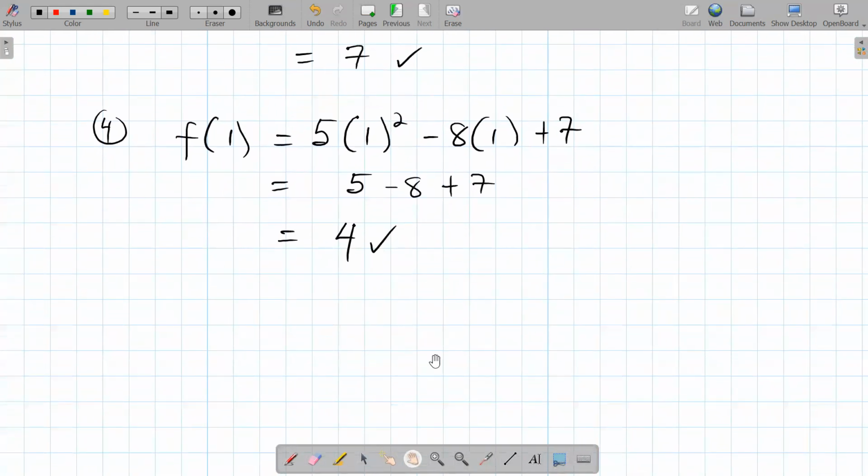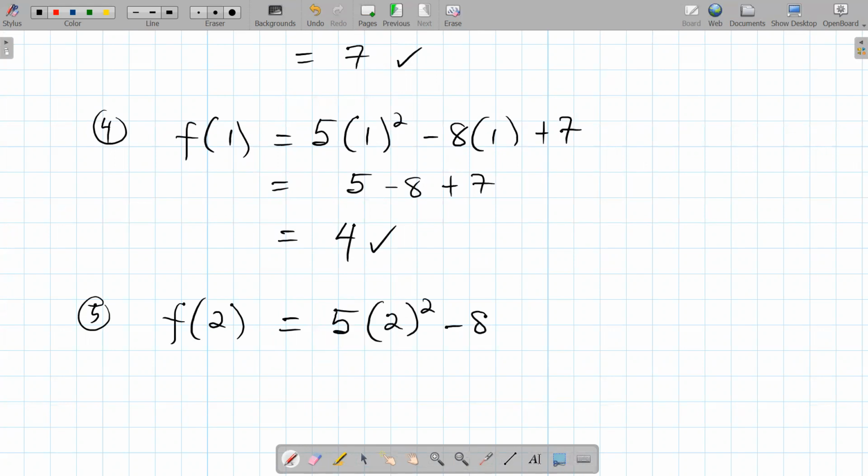And then the last one, you have f of 2. And again, it's the same process. I'm just going to replace the x in the function with a 2. So it becomes 5 into 2 squared minus 8 into 2 plus 7. 2 squared is 4. 4 times 5 is 20.